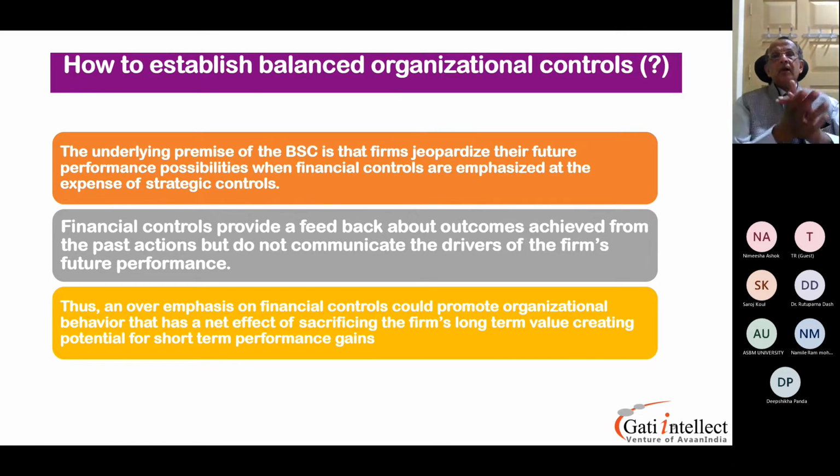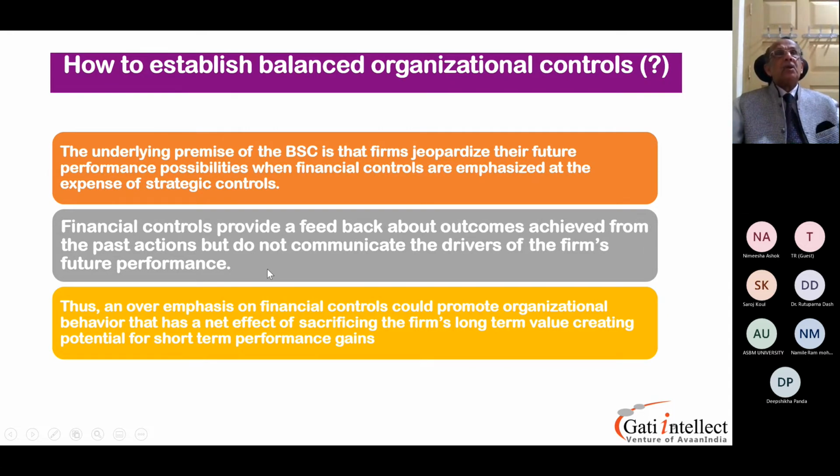If you give an organization to be managed by finance people, they can only look at it from a financial perspective, not from a strategic point of view, nor are they concerned about learning and growth or the internal development of the company. Financial controls provide feedback about the outcomes achieved from past actions, but do not communicate the drivers of a firm's future.